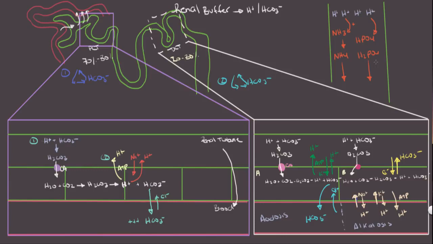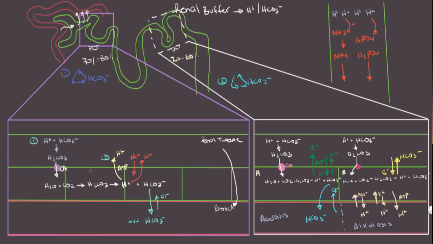So again, just to recap, our proximal convoluted tubule does about 70 to 80% of the reabsorption of the bicarbonate ions that's required in order to promote buffering and have acid-base balance. What we see is a complex system where we utilize the bicarbonate buffer system to exchange hydrogen ions for hydrogen ions and bicarbonate, and put hydrogen ions into the renal tubule while putting our bicarbonate ions into the blood.